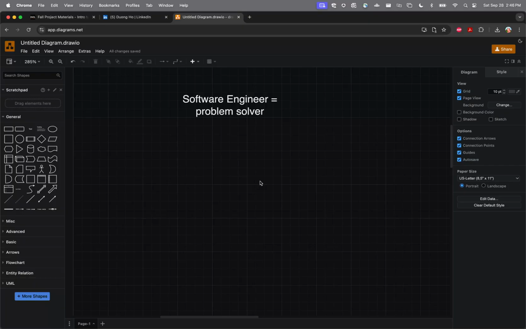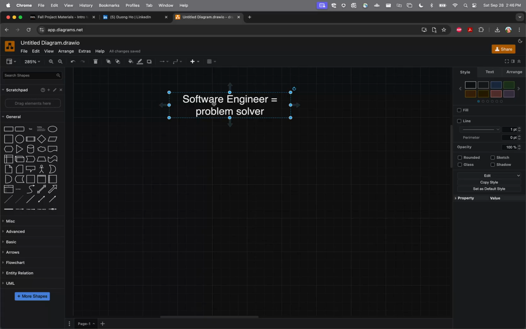The end product is usually something that they can use either to facilitate their daily process or to help them monetize, generating revenue for them. And so software engineers are problem solvers.